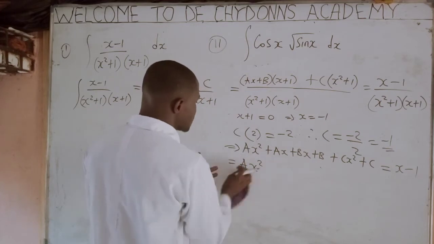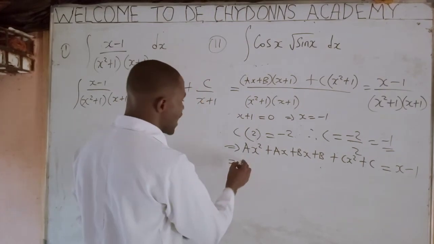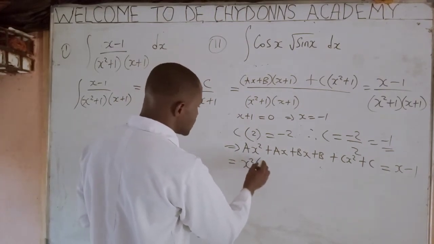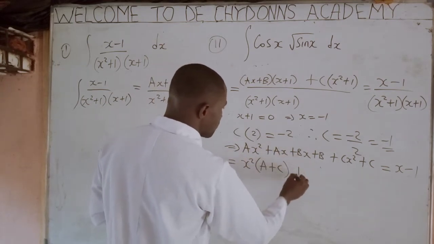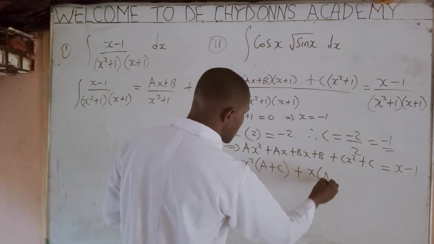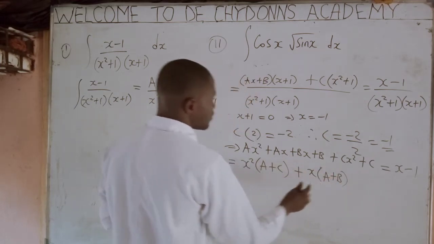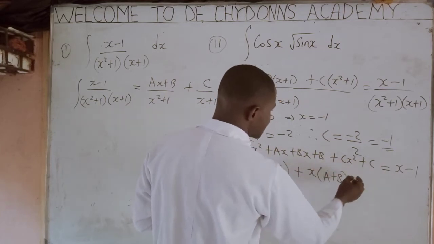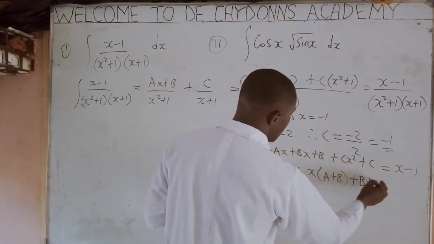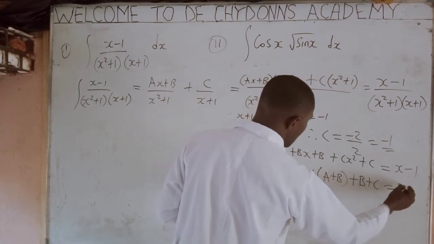So when we factorize, we have x squared (a plus c), plus x(a plus b). Then this does not have any letter x: plus b plus c. We say it is equal to x minus 1.